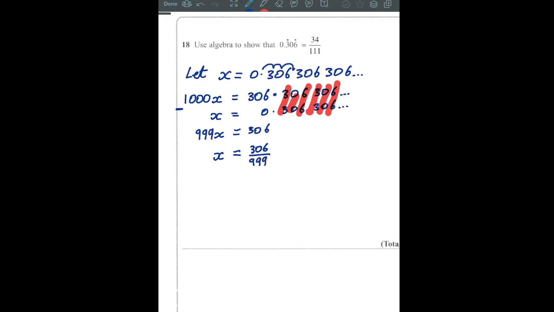Because it's a show that question, show the unsimplified fraction first. And then you can type it into your calculator. 306 over 999, it will simplify it for you, is 34 over 111, which is what we wanted. We showed it, we didn't skip any steps, we showed clear algebraic working.